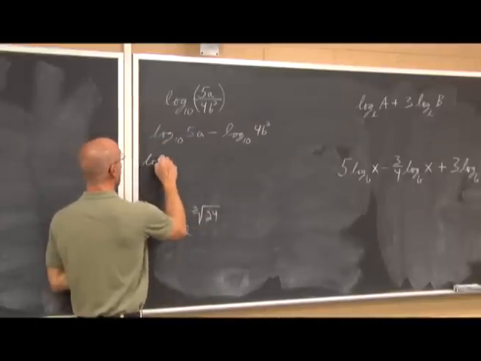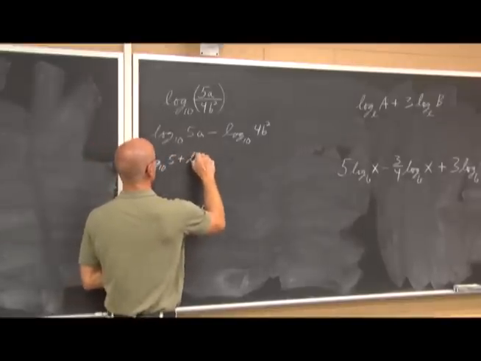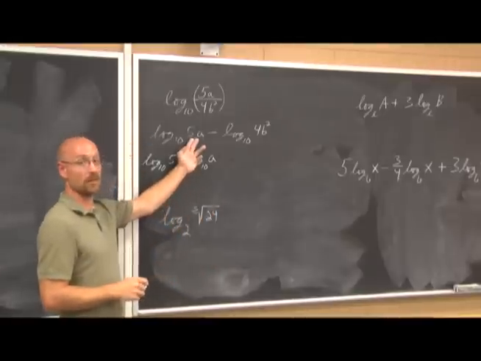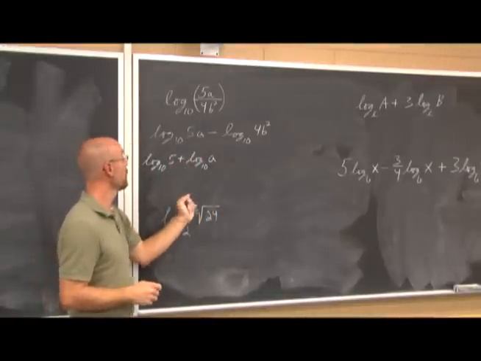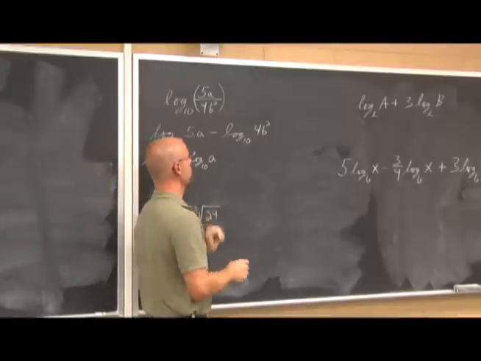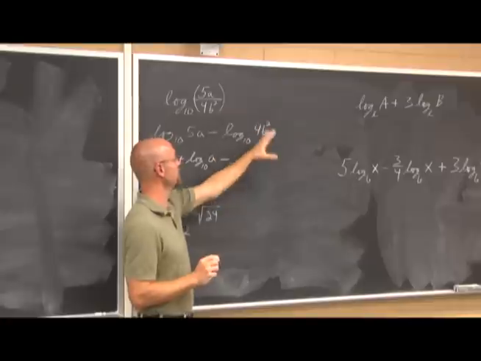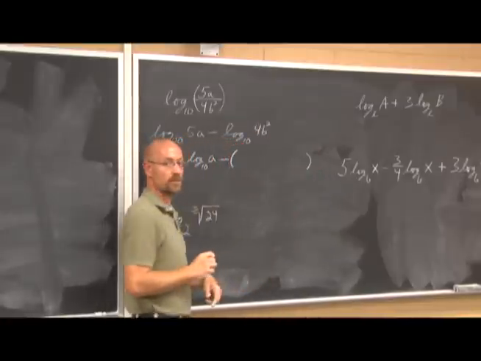I can write this as log base 10 of 5 plus log base 10 of a. Use that sum of logs rule. That product, I can break into a sum. Now this here's where we have to be careful, because it's minus this quantity. So if I'm going to split it up, I'm going to want parentheses in there.